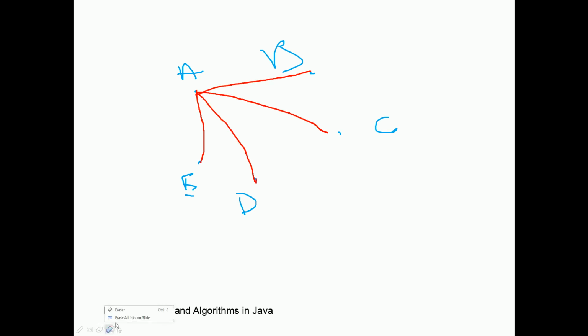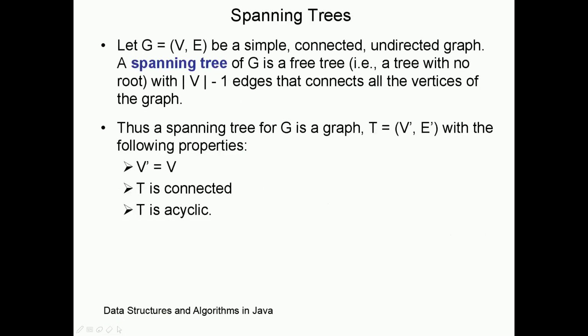If you look at another configuration, if I do something like this, and then this, this, and this, it's going to be 1, 2, 3, 4 again. So the number of vertices minus 1 is going to be the number of edges. So the spanning tree is a tree that is connected, undirected, and where the number of edges is the number of vertices minus 1.